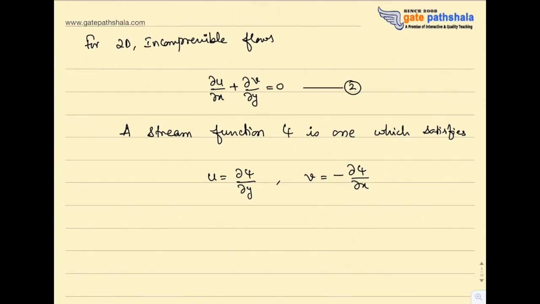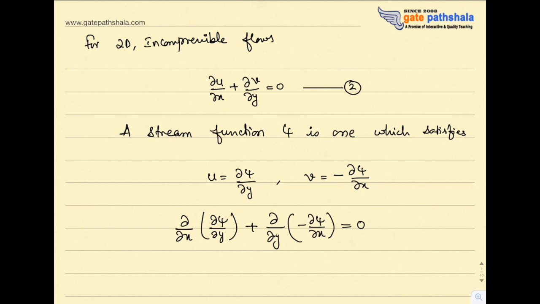Okay. So if I substitute these two components of velocity in above equation 2, I will be getting dou by dou x of dou psi by dou y plus dou by dou y of minus dou psi by dou x equals 0.